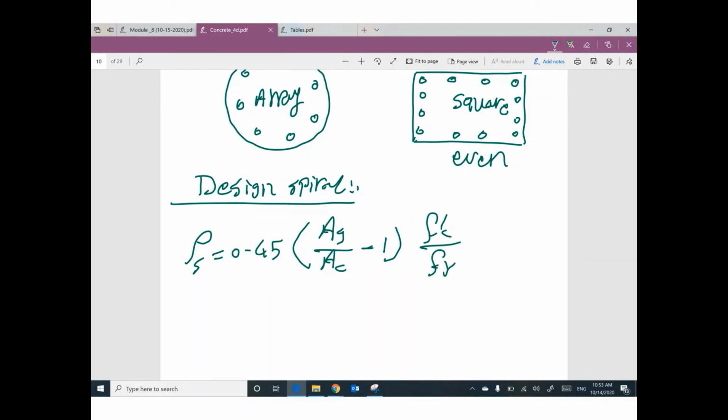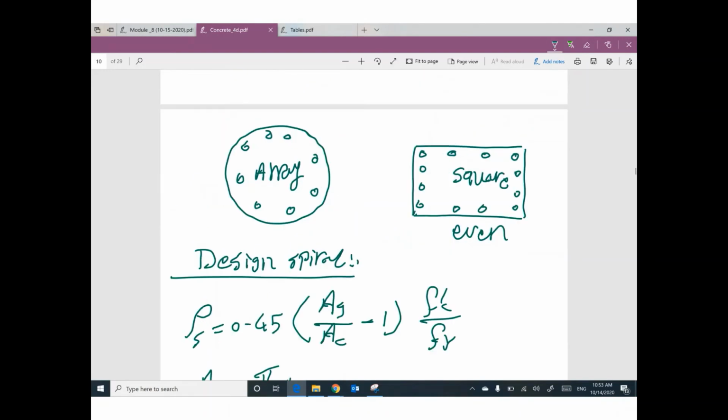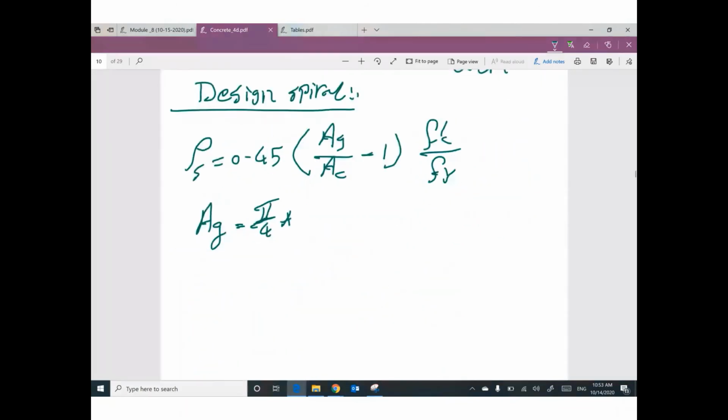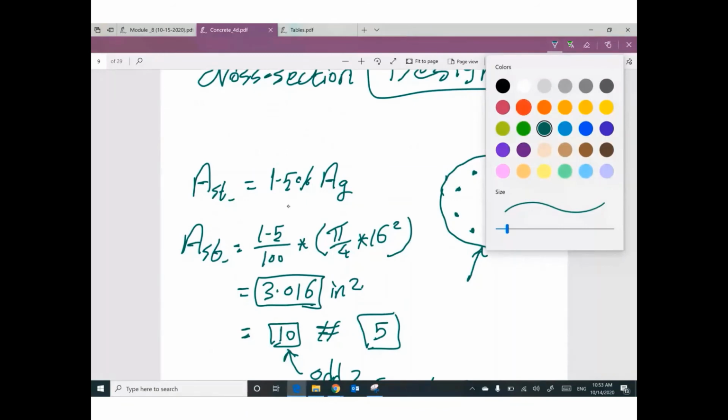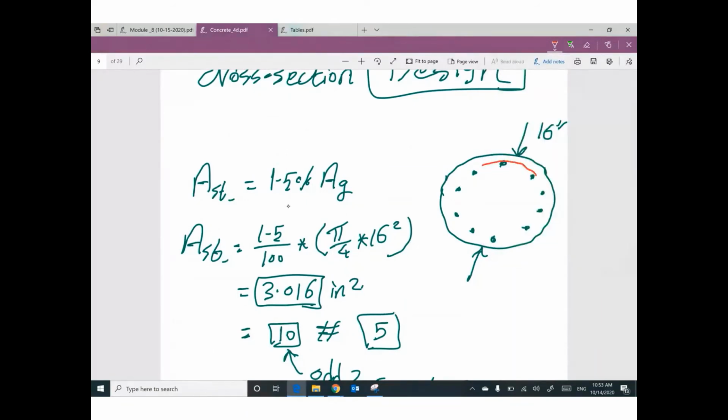Area gross is π divided by 4 times, what is the diameter? 16 squared. What is the area C? Guys, around this reinforcement, we will put the spiral like this. So we have cover, concrete cover. I'm going to assume it 2 inch or 2.5 inch. So can anybody tell me what is the inside diameter of this spiral, which is called DC?